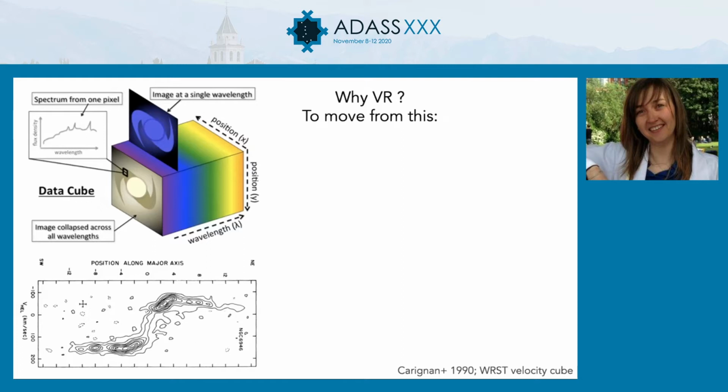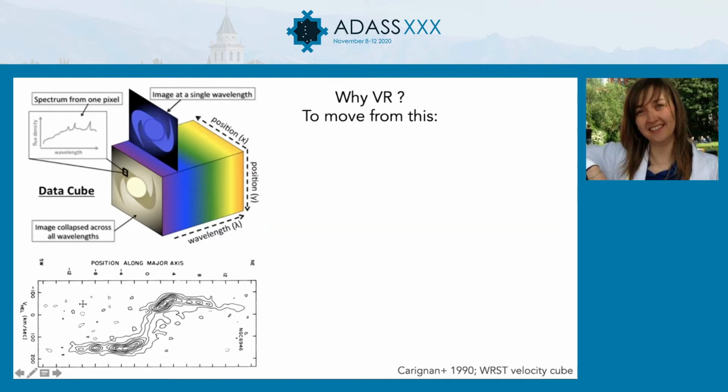In terms of astronomical use, the immediate goal that we had in mind when we were exploring VR was to visualize velocity cubes. If you're not familiar, that is basically what you see here on the left, where you have an image which has a positional definition in the sky, but also a spectral measurement on the z-axis.